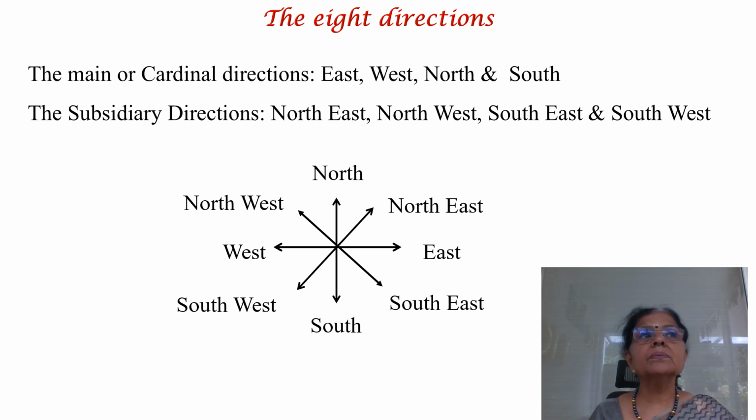Before plunging into doing problems, you should know how to mark the directions on your map. Always the north is on the topmost side. So immediately put north at the top, and opposite to that you mark south.